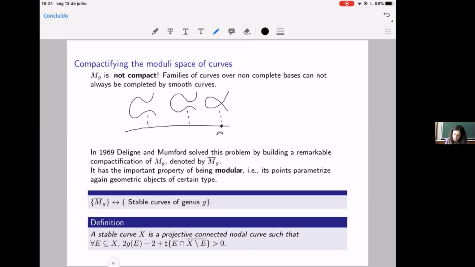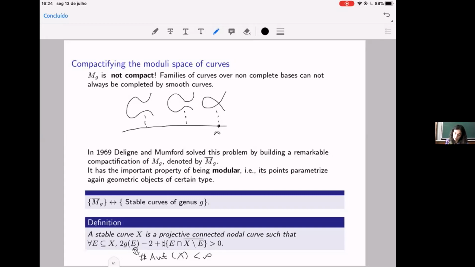You could ask that the automorphism group of your curves would be finite, and this is equivalent to the condition I just wrote here, which is that for each subcurve of your curve, you ask for twice the genus of the subcurve minus 2 plus the number of points where the subcurve meets the rest of the curve to be at least 0. So it's easy to see that these two conditions are equivalent.